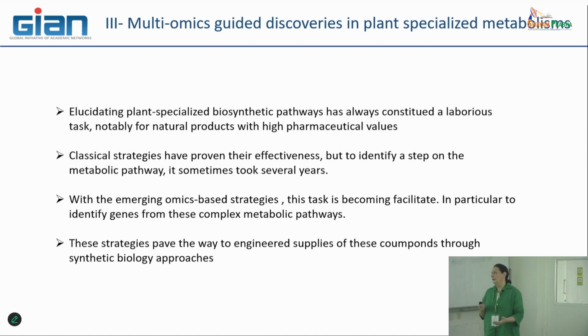It could take several years, depending on the difficulty of having access to this information, and also mainly if this enzyme is part of one of the biggest families of enzymes, and it is always the question.